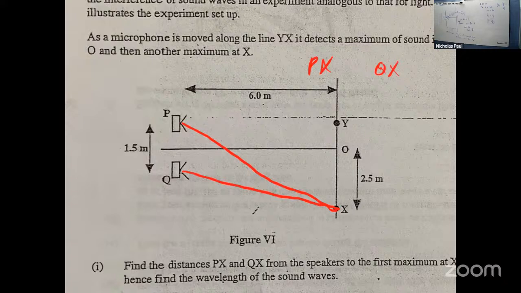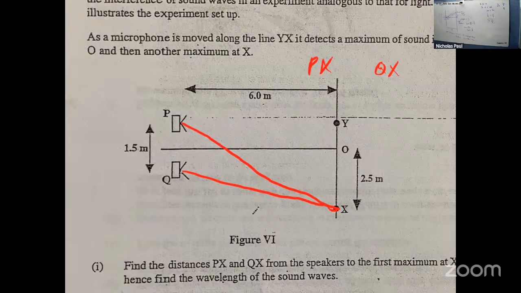After you find PX and you find QX, how does that help you find the actual wavelength?